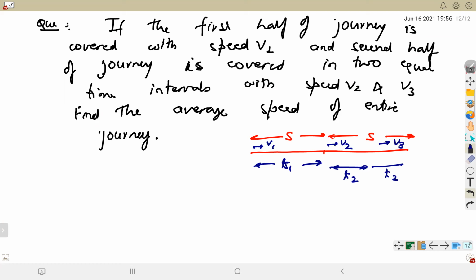Can we try the question once? Yes, you can try. First half s is covered with speed v1. Second half is covered in two equal time intervals.